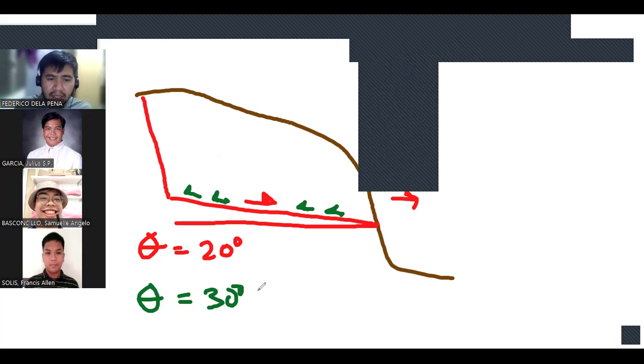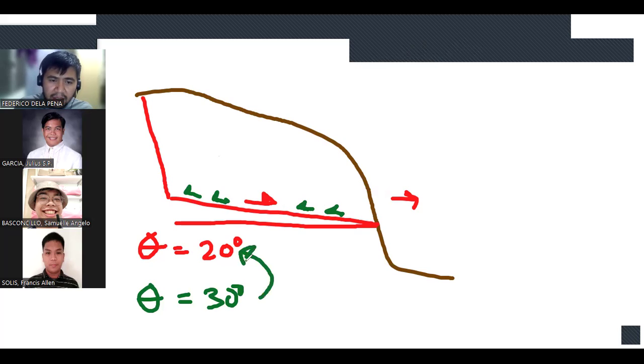So the friction angle can actually be sufficient enough to stabilize this block of rock. Okay, so there will be no failure.